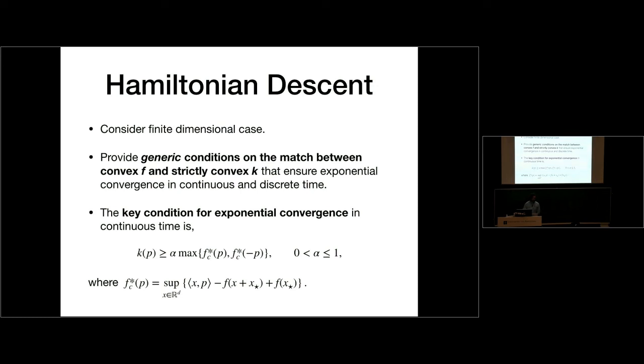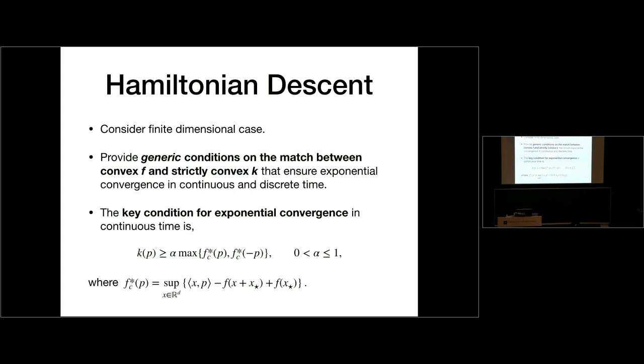The key condition, which is required for exponential convergence in continuous time, is this, which looks pretty awful. But if you've taken any convex analysis, you might recognize this as the convex conjugate, in this case of a centered version of the function that isn't sitting at 0. This is usually very hard to compute, and its gradients are usually very hard to compute.